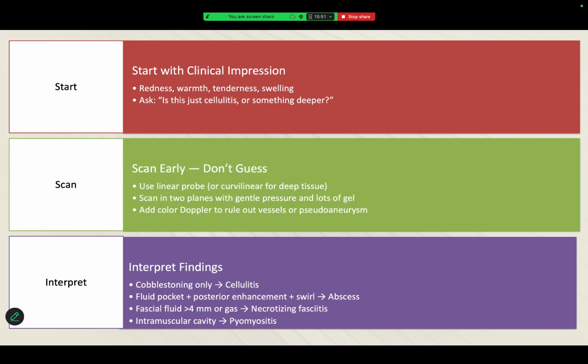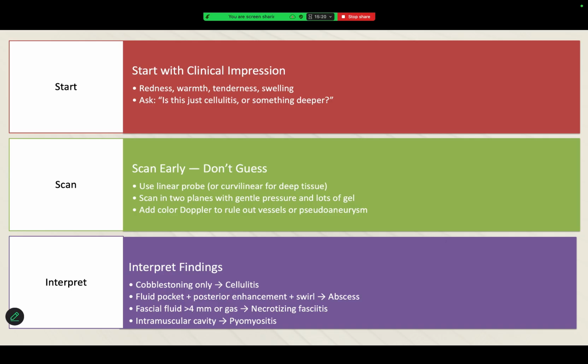But if I find a fluid pocket, posterior enhancement, swirl sign, squeeze sign, it is an abscess. And if it is more than 4 mm, half a centimeter, it needs to be drained. So I may go for drainage, or I may ask the surgeon to help me in this case. If I find fascial fluid more than 4 mm or gas formation in the subcutaneous tissue, it is necrotizing fasciitis, a more severe case.